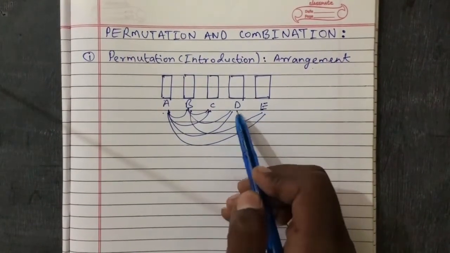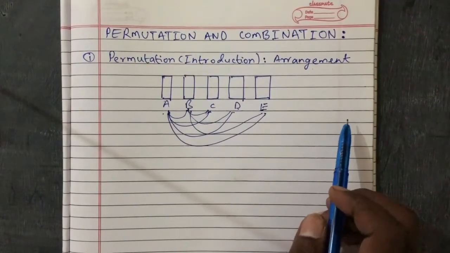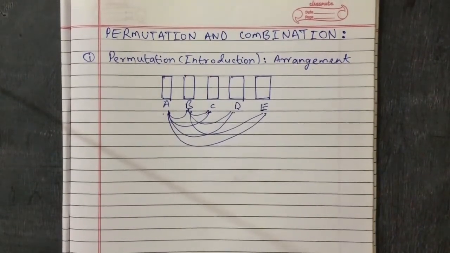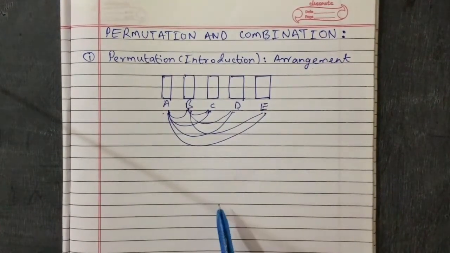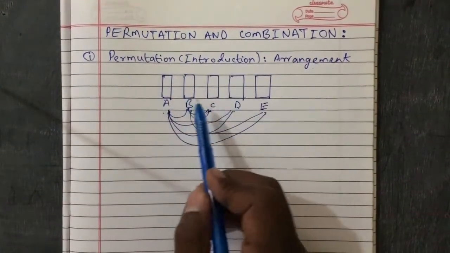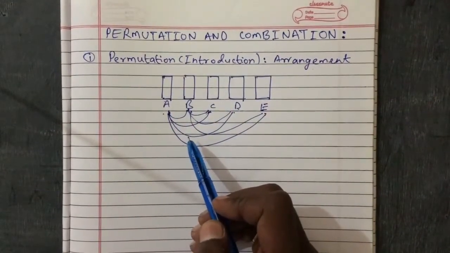And similarly for D and E, and so on and so forth. So in how many ways can we arrange 2 books out of these 5 books? That is what we call permutation. Or in other words, in how many ways can we permute these 2 books out of these 5 books? That is what we call permutation.